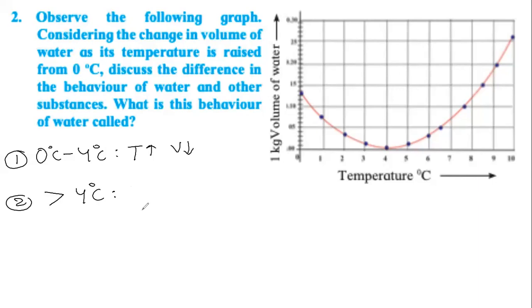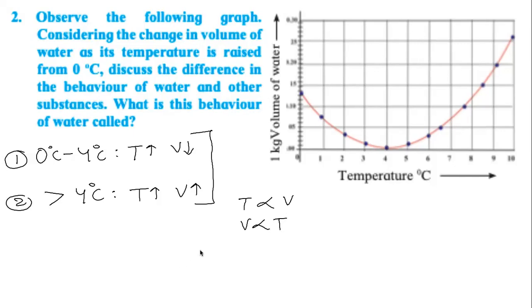Beyond 4 degrees Celsius, when we increase the temperature, the volume also increases. This is exactly same as what happens with other substances. So for other substances, whatever the temperature range, as the temperature increases, volume also increases, right?